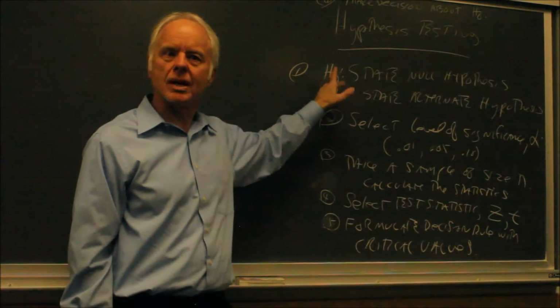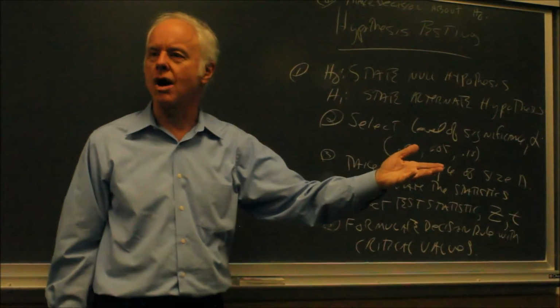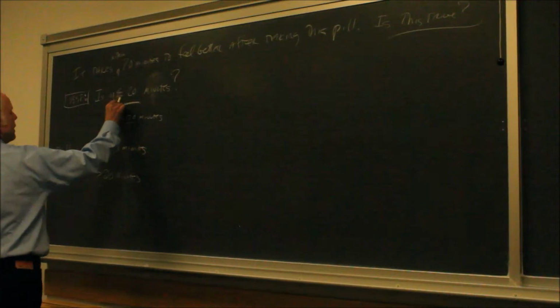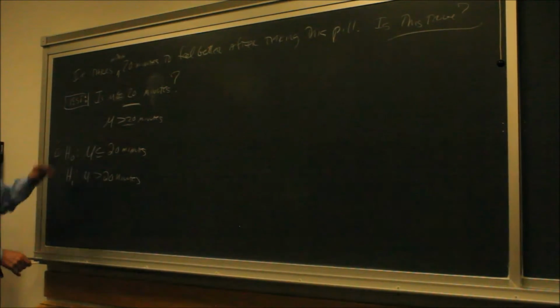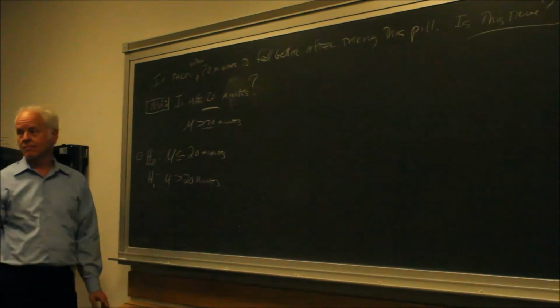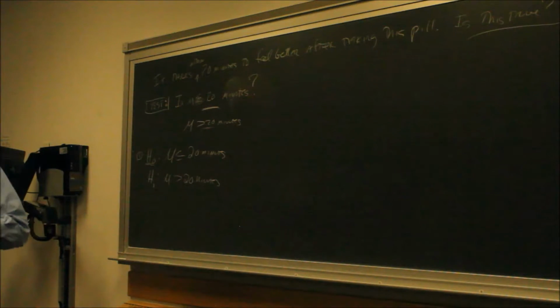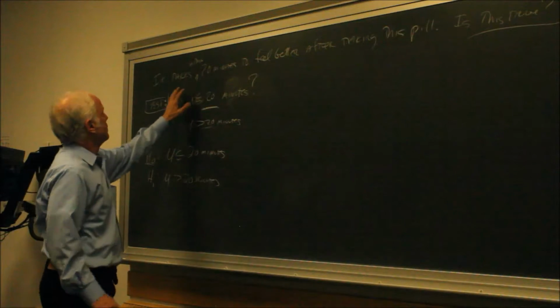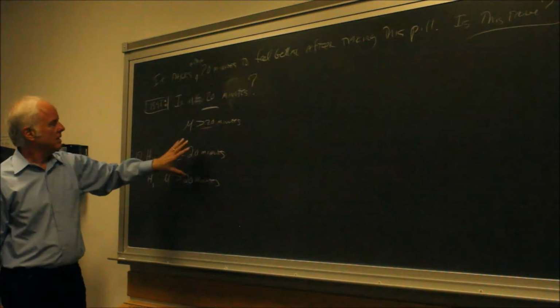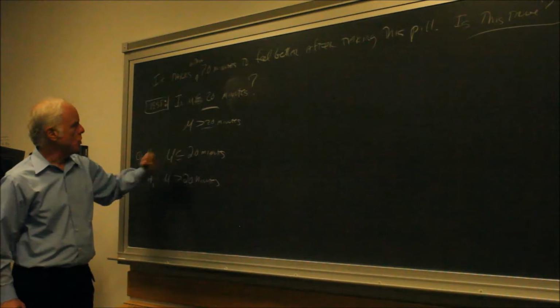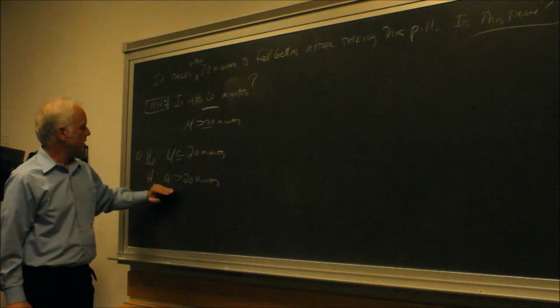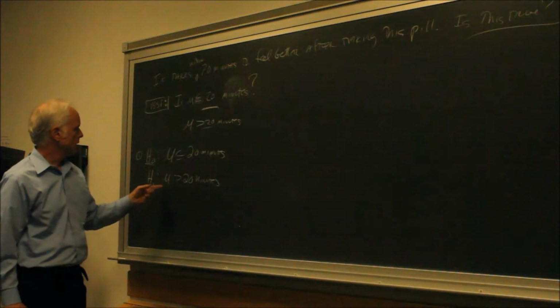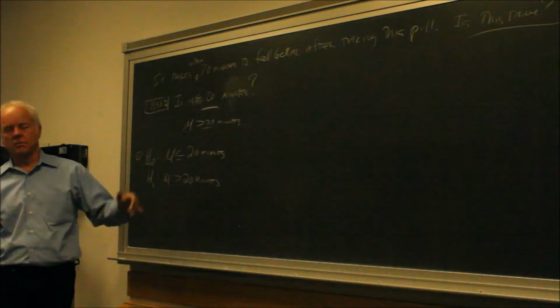So if you don't have these set up correctly, you have to get the answer wrong. As shown in the handout, the equality is always in H0. Okay, so our test is always going to be about H0. It may not be what the test is up here, but always H0 is going to have the equality, and H1 is going to have the not the equality.